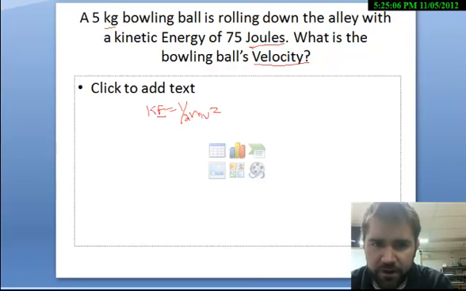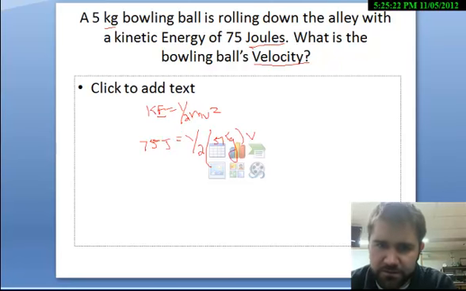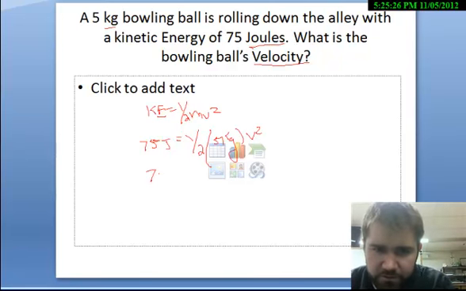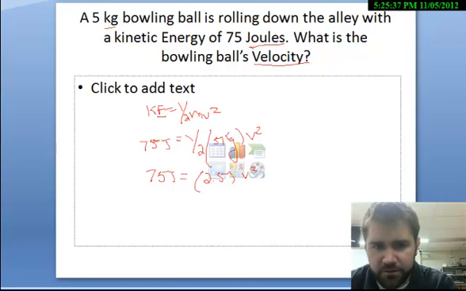I plug in what I know. I know the kinetic energy is 75 joules, so that's equal to 1/2 times the mass, 5 kilograms, times the velocity squared. And I don't know the velocity. So I'm going to multiply through. 75 joules is equal to 1/2 times 5, which is 2.5, times the velocity squared.